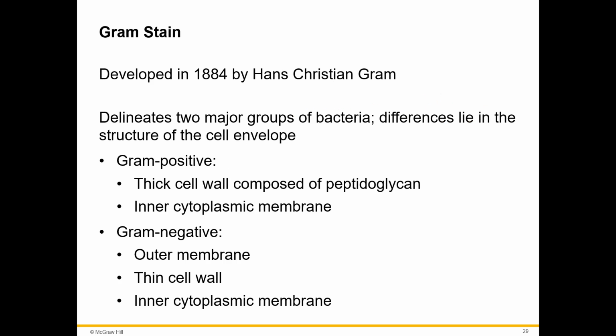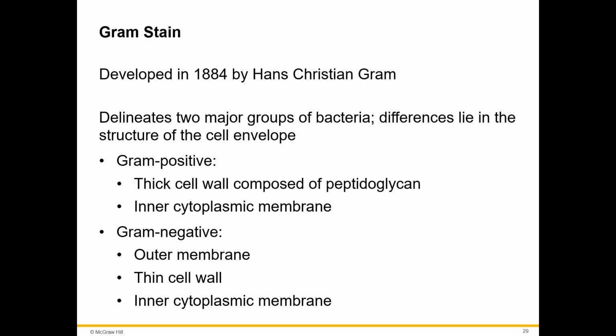The Gram stain is an extremely important staining procedure that allows us to differentiate between gram-positive and gram-negative bacteria. It's extremely important to know whether a patient is coming in with a gram-positive infection or a gram-negative infection, because the type of classification there determines what types of antibiotics are going to be effective against that pathogen.